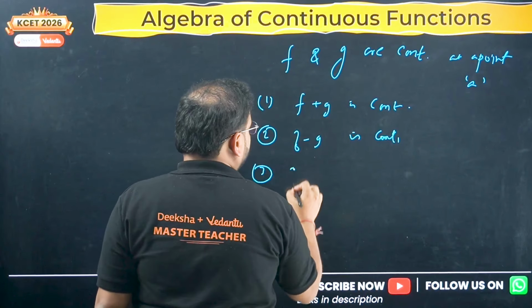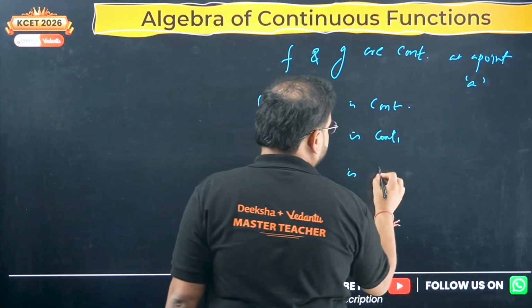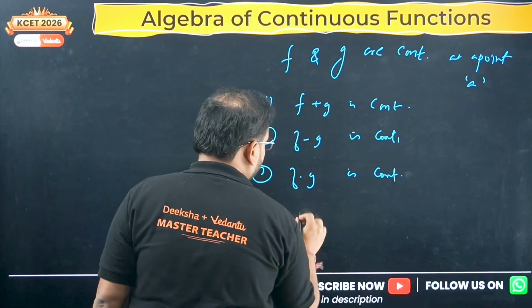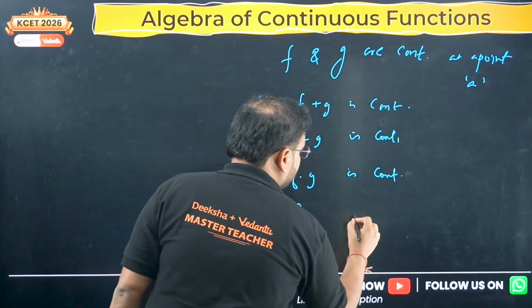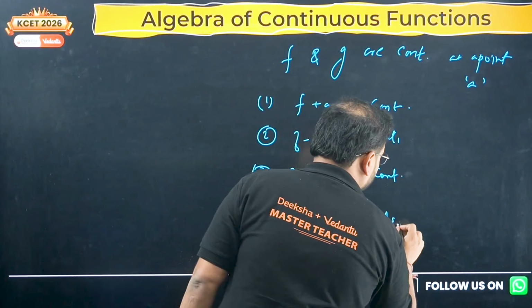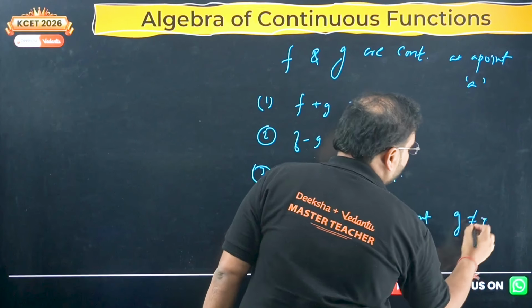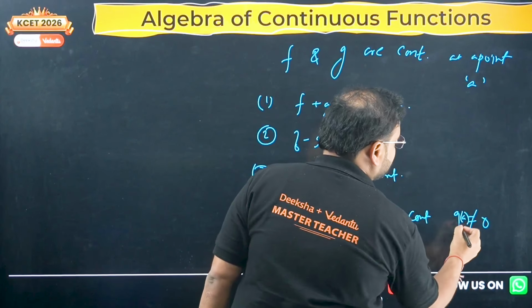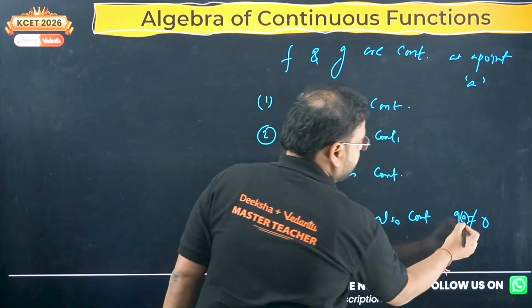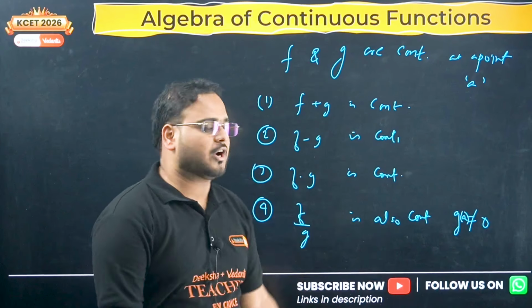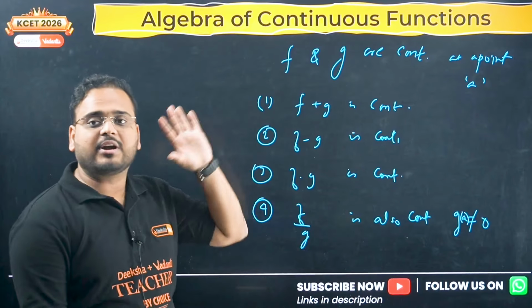Third one, f into g is also continuous, and the last one, f by g is also continuous, provided that g is non-zero at the point a. Is it clear? If g of a is non-zero, then f by g is also continuous. This is your basic algebra of continuity.